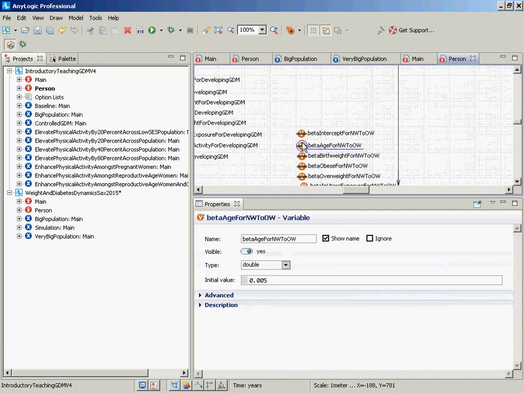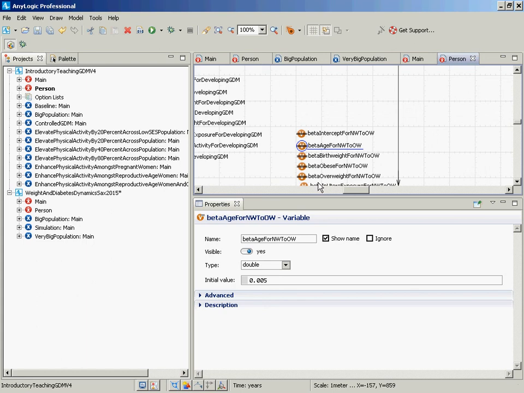We're assuming that this beta, this impact of age on the transition from normal weight to overweight, this hazard rate, is shared by basically all people. Each person will have a different age, but the effect of age on the hazard is captured in this beta coefficient, which is shared across all people, and it could be read in from a database or a spreadsheet.